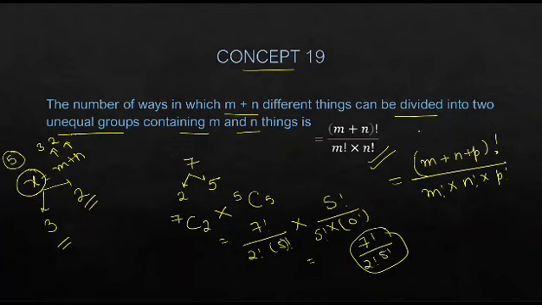This will be the case when we need to divide a particular number of things into 3 unequal groups. Now mind, these groups are unequal and also the objects are different. This is the case of different objects being divided into unequal groups, not among anyone, right?